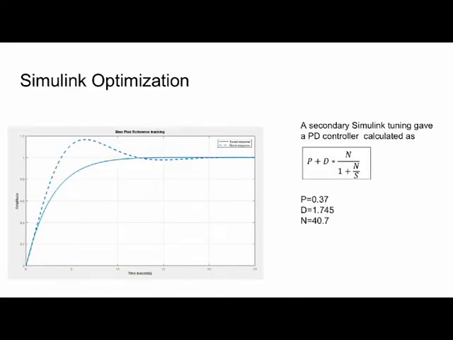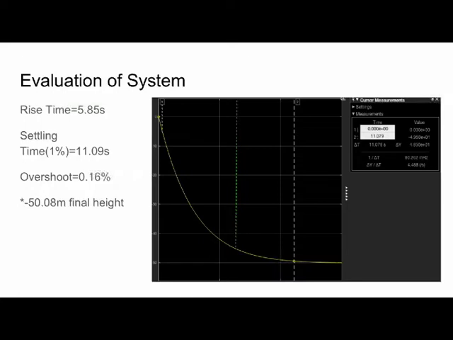Thanks, Matt. So we put the values from our SISO tool optimization back into Simulink and did a secondary optimization tuning with a PD controller, which gave us a P value of 0.37, a D value of 1.745, and an N value of 40.7, which in turn gave us a total evaluation of the system with a rise time found to be 5.85 seconds, a settling time within 1% of 11.09 seconds, and an overshoot of 0.16%, which is not zero, but is very, very small.